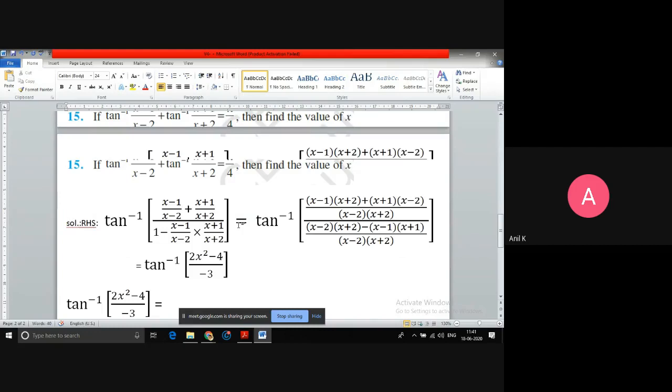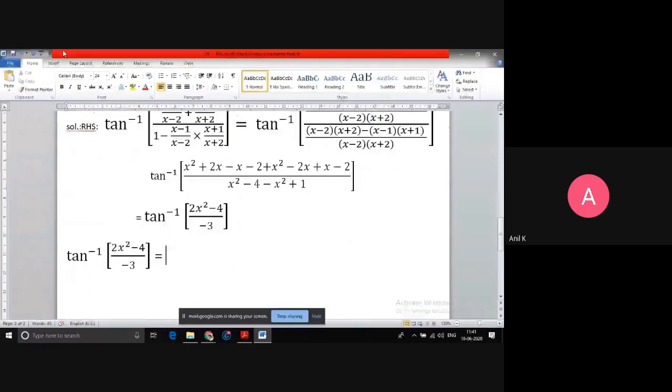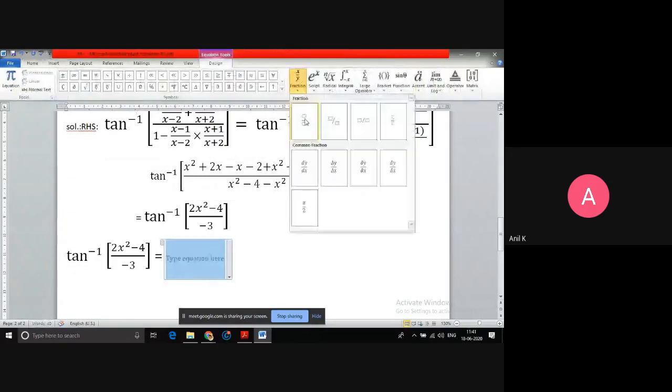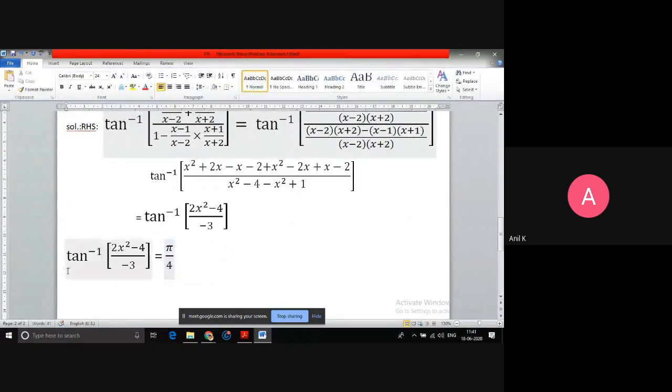LHS is given as pi by 4. So tan inverse of this equals pi by 4.